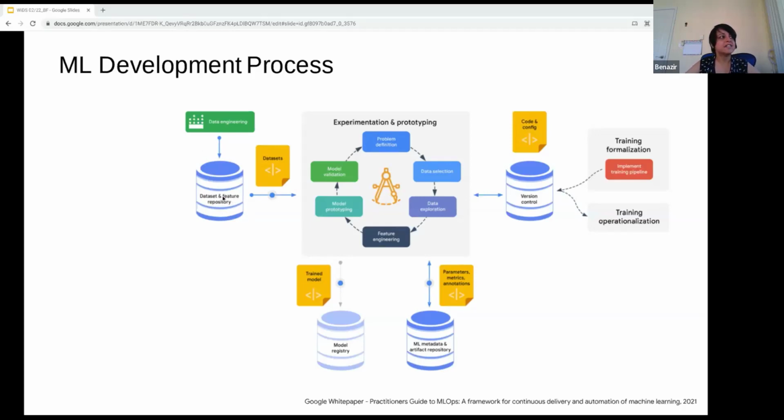The data set repository is where the data engineering team, after they do their ETLs and clean up the data, saves their data sets. So as a data scientist, you take your input from these data set repos.